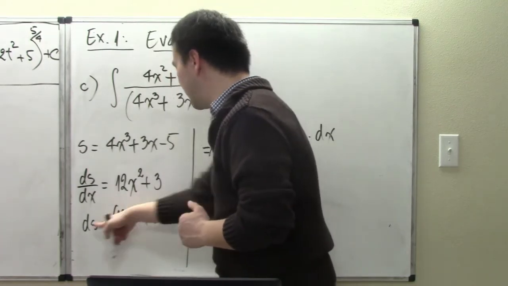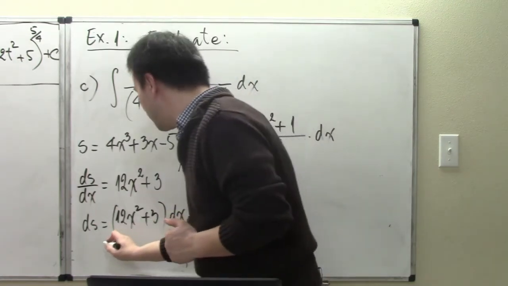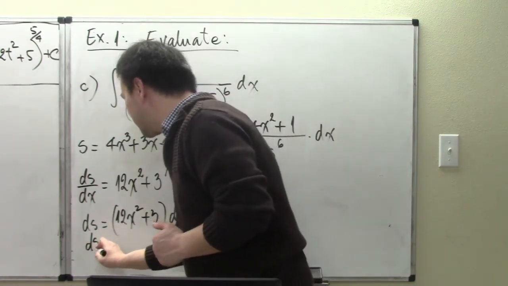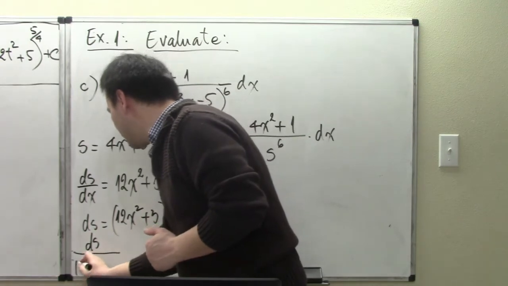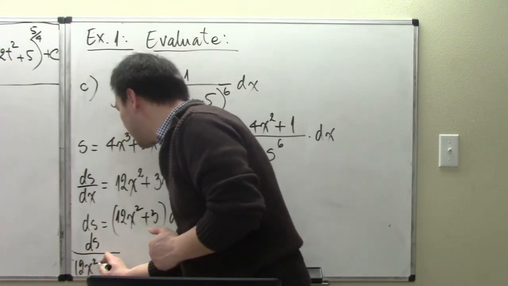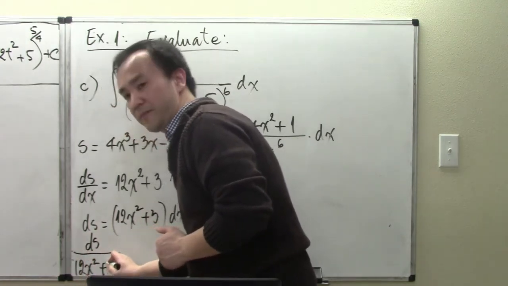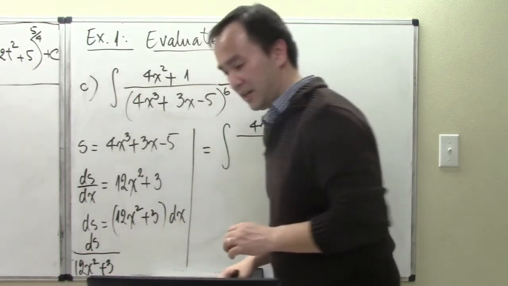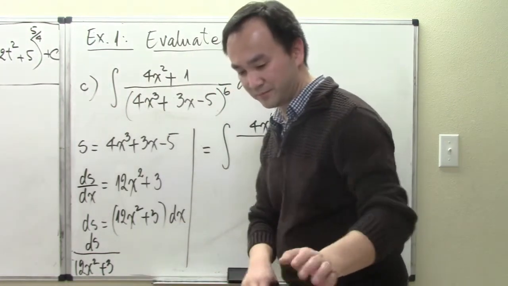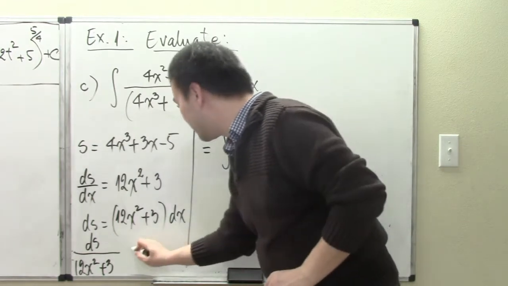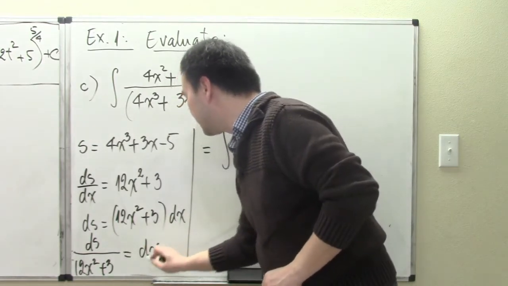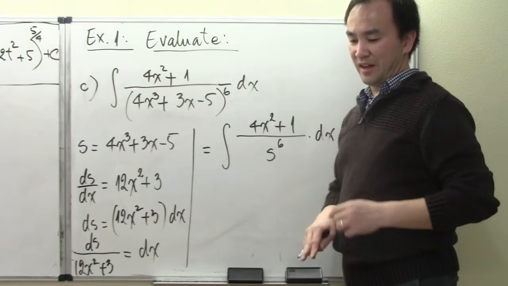All that here will equal our ds. And so that means ds in the next step over 12x squared plus 3 will equal my dx.